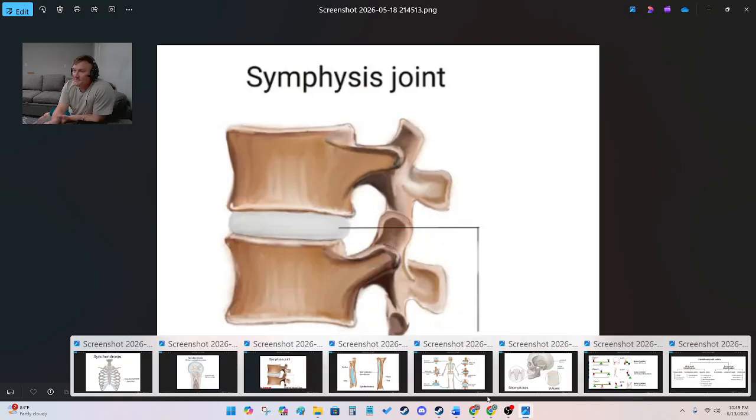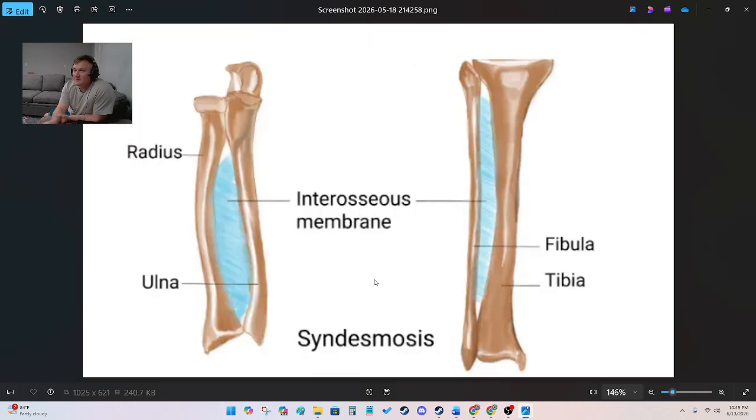Another amphiarthrosis would be these interosseous membranes of, well, the one in the wrist for supination and pronation, okay, is a semi-mobile joint. It's really a joint, but it's a membrane that just exists between the radius and ulna.